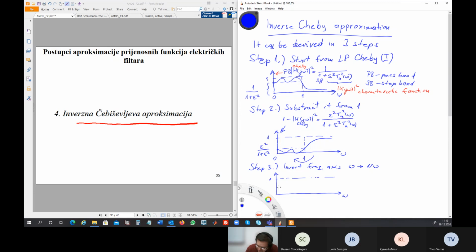Here is 1. Here is still epsilon square over 1 plus epsilon square. Here is 1, 0. And the characteristic looks like this.